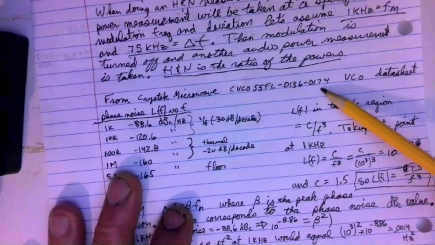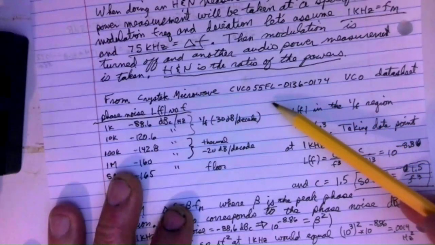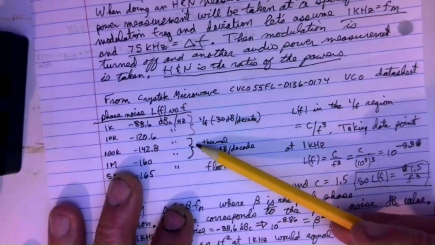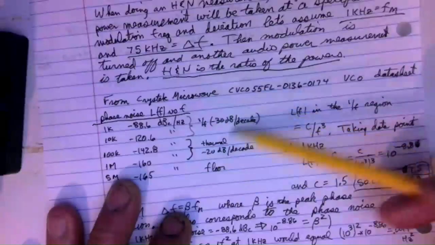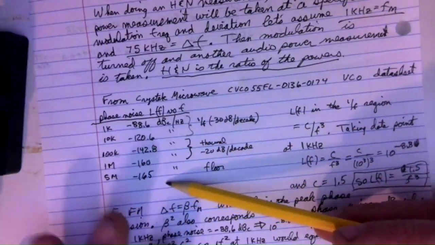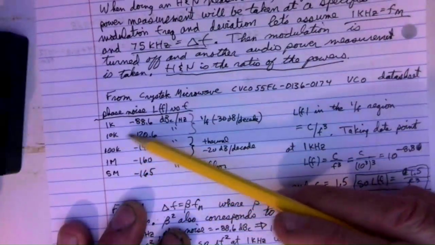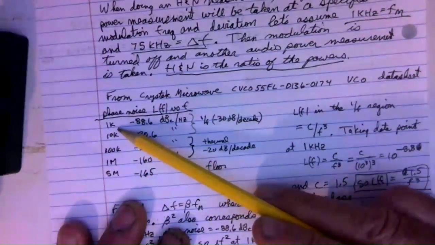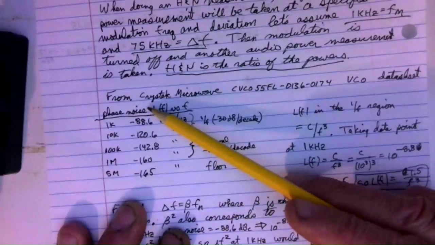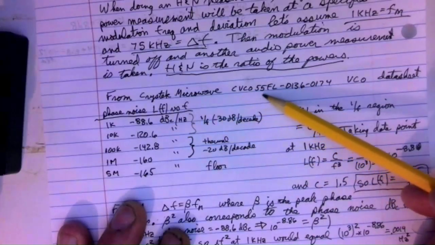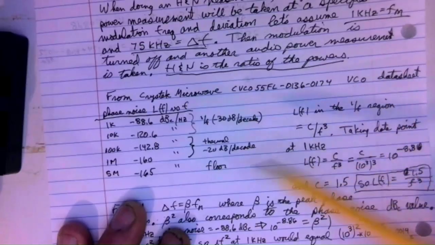It's from a data sheet. This is not what you want for this receiver, but I just use the phase noise table because this is a low noise oscillator, they said. Here are the phase noise numbers as they publish in the data sheet for this Crystalline CVCO55FL VCO, voltage controlled oscillator, is what VCO stands for.